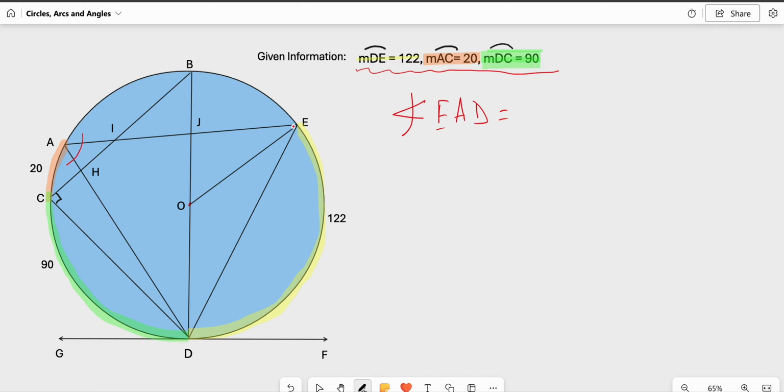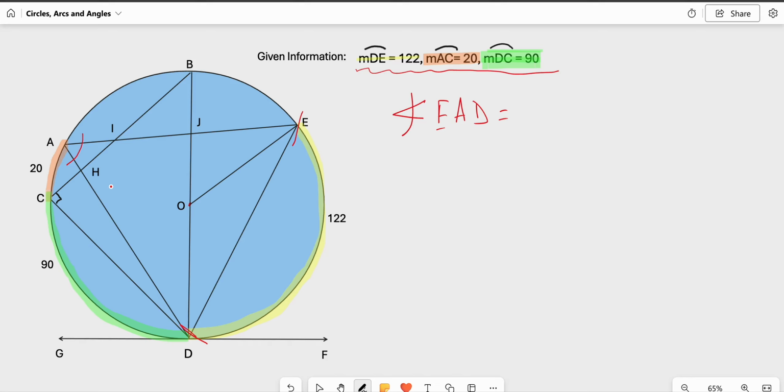Well, if you notice, angle EAD is intercepting the yellow arc, right? The yellow arc is the arc intercepted by this angle here. And we know that this angle, EAD, is what type of angle? It's an inscribed angle.